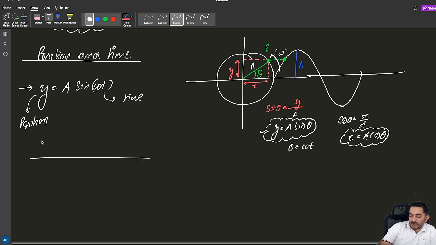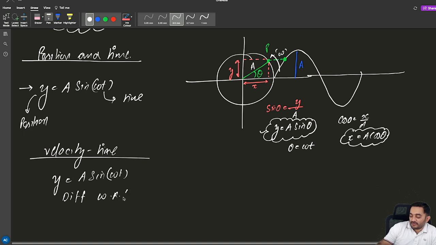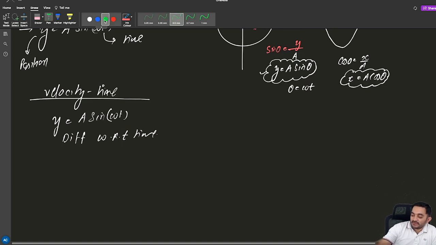For the second formula, I'll find a velocity time relation. When you take this value of y, a sine omega t, and differentiate it with respect to time, you will notice that dy by dt gives the velocity.